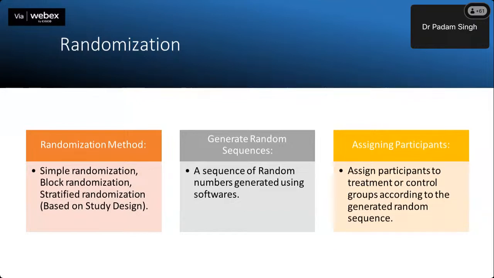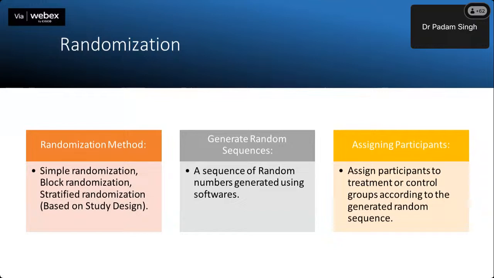Now, how is randomization done? Please note, randomization is something which is very serious. The randomization could be a simple randomization, a block randomization or a stratified randomization. It depends upon the study design.